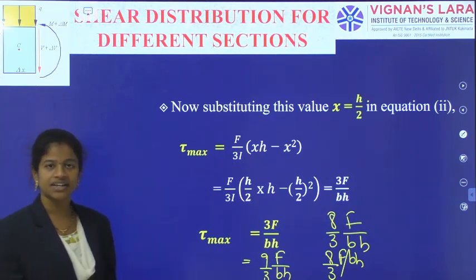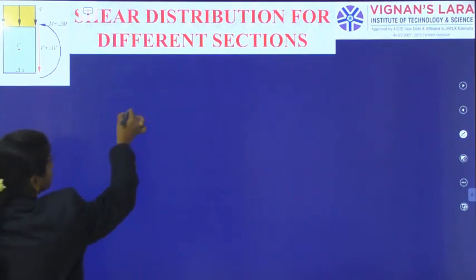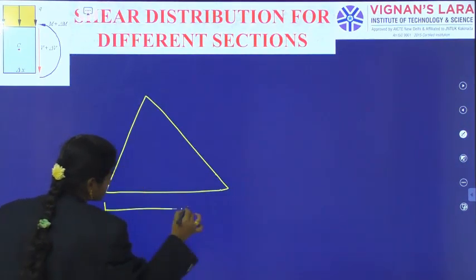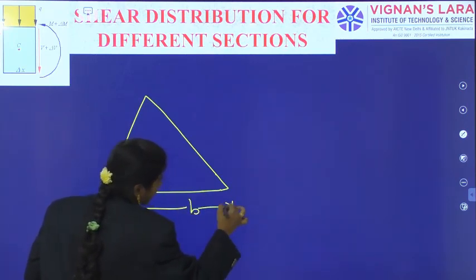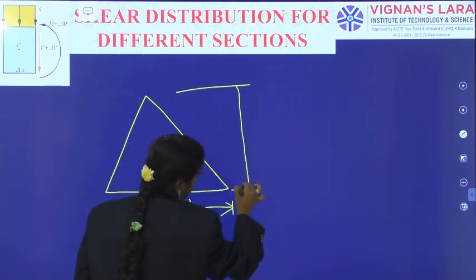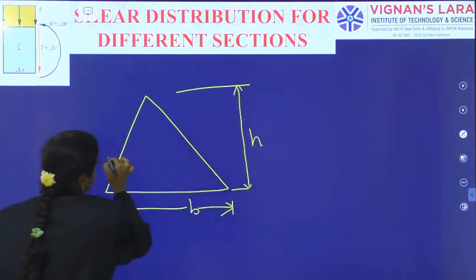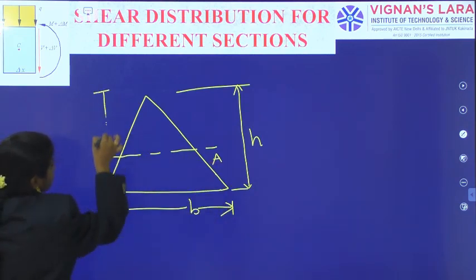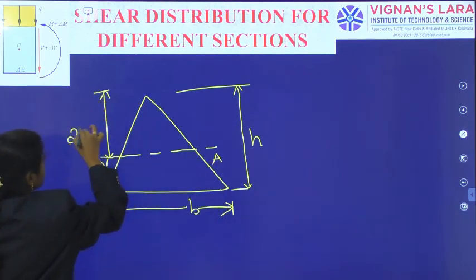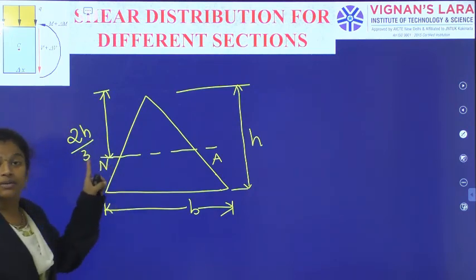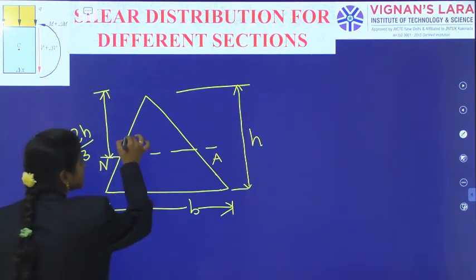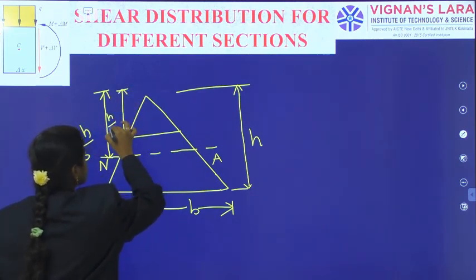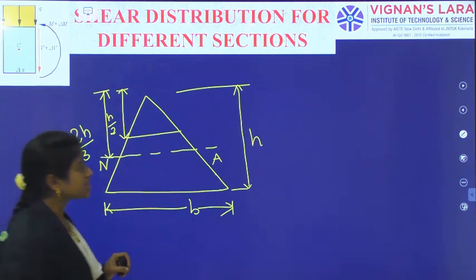Now I am generating the shear stress distribution for the triangular section. So we have the triangular section with base B and an altitude H. And we have indicated our neutral axis, which is located at a distance of 2h by 3 from the top. But this is not the maximum location. Some location is there that is at h by 2. Only this point is helpful for us for giving the shear stress distribution diagram.